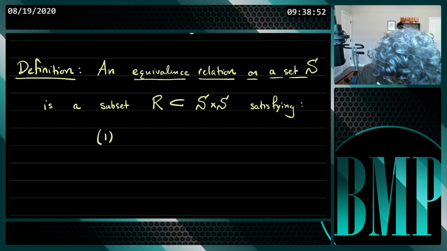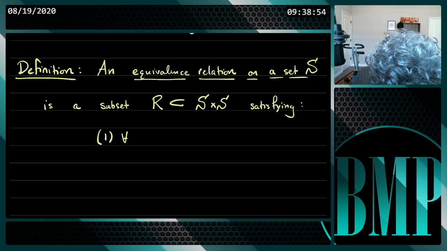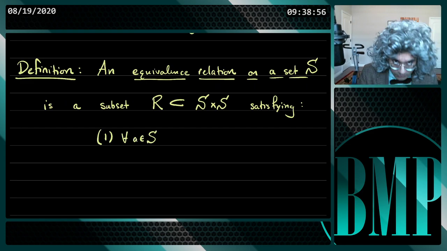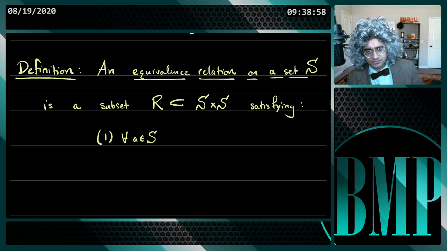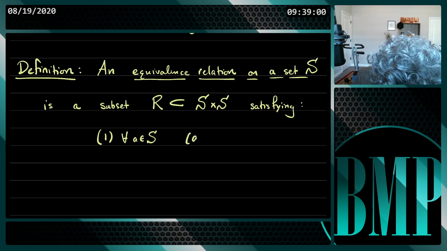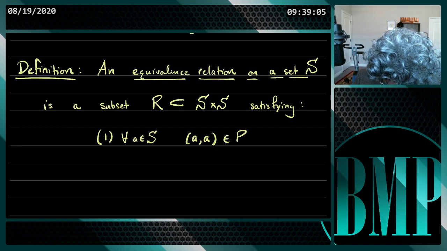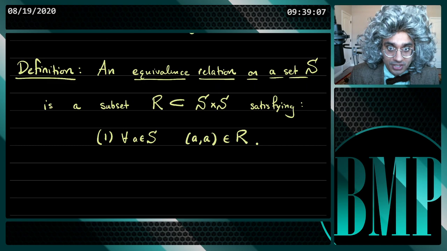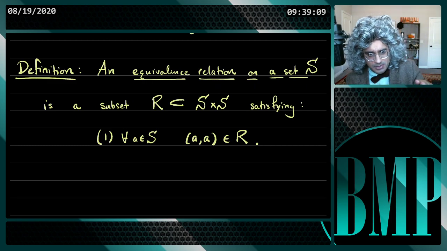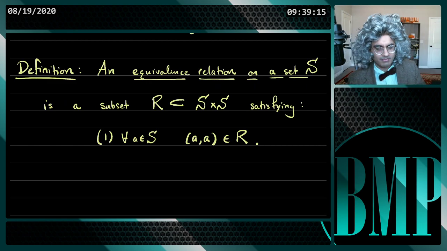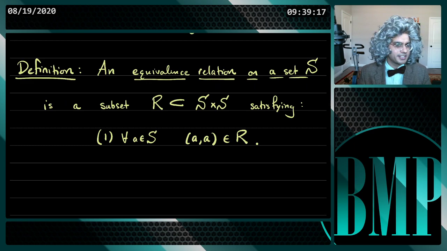One, for any element in the set, that element, comma, itself is always in the relation. Okay, whenever someone has a subset of a product S cross S, that's just called a relation. Any subset in the product is called a relation.